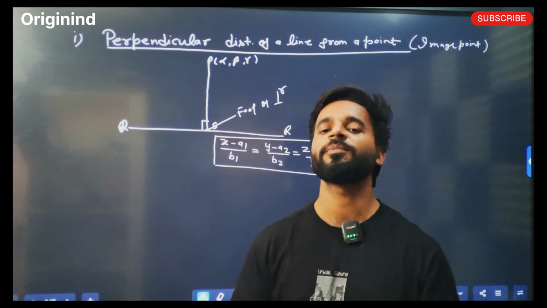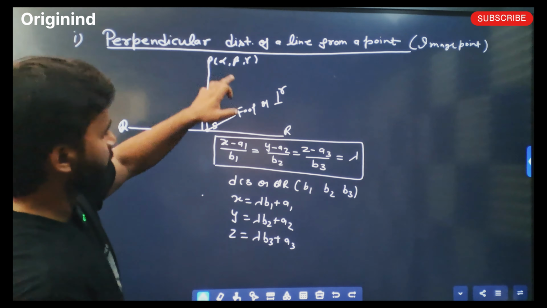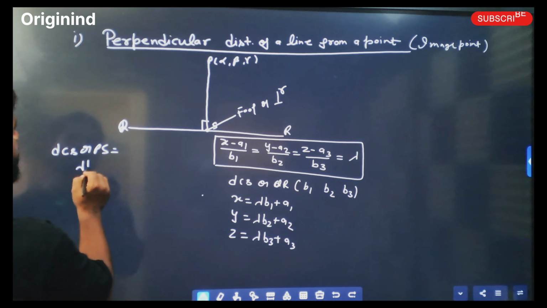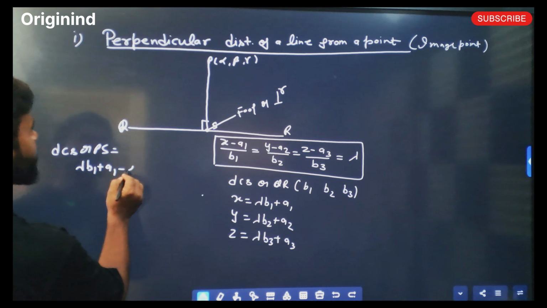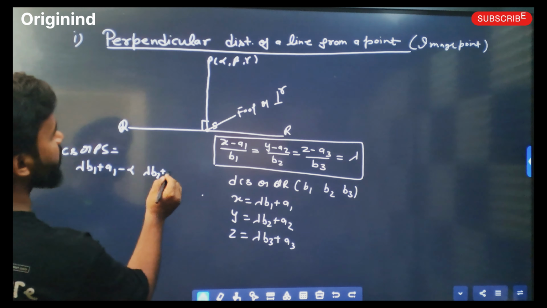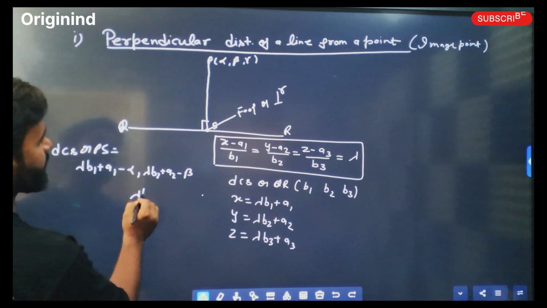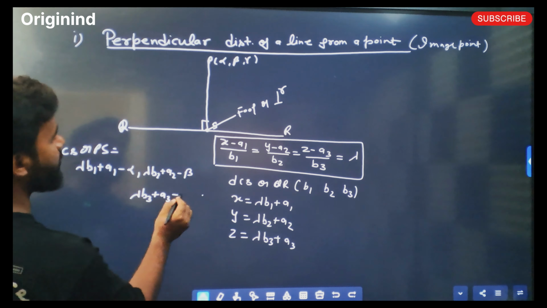This is the point S. Clear? Now the important point is the direction ratios, and you know very well that if 2 points are given, you can easily find them. So the direction ratios of PS are this minus this, that is, lambda b1 plus a1 minus alpha, lambda b2 plus a2 minus beta, and lambda b3 plus a3 minus gamma.